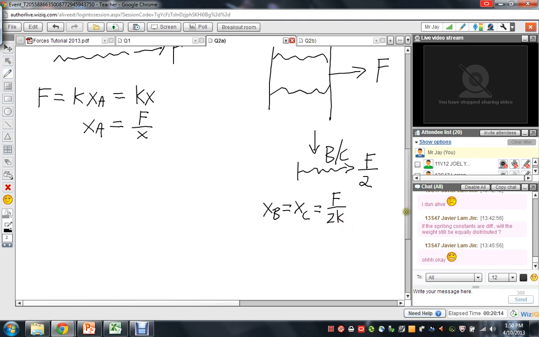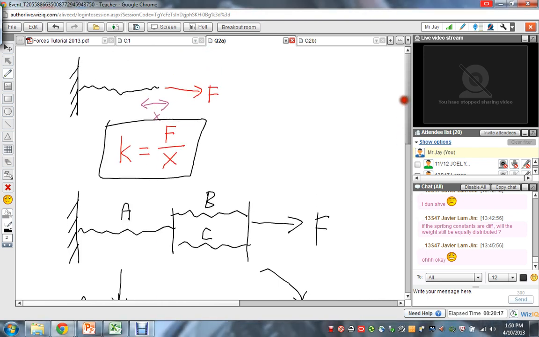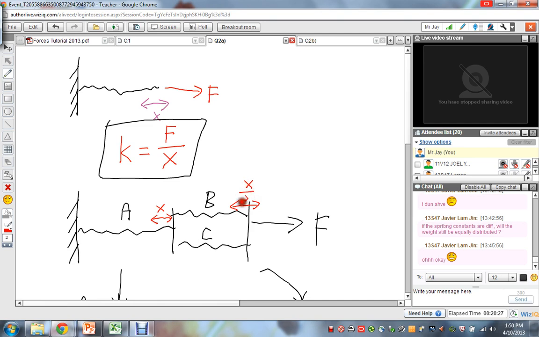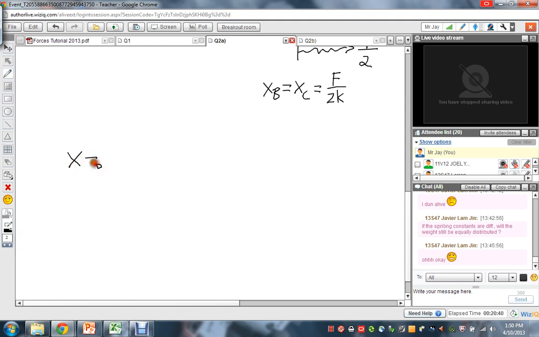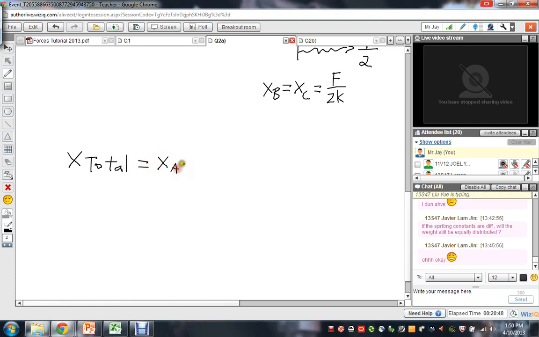Alright, so we can transfer this information back to our diagram. A extends by X and B and C extend by X over 2. So we know how much each of them extends. So the total extension is just given by XA plus XB.